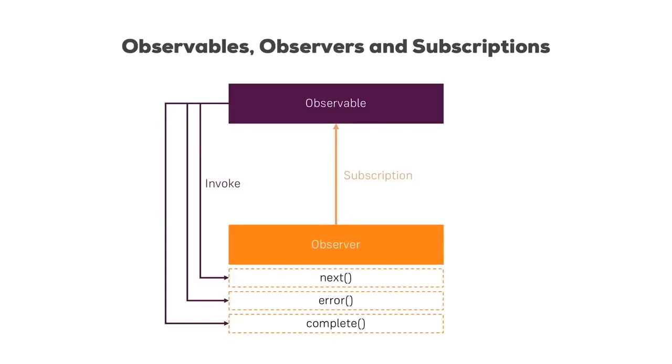Now, a typical example, but of course not limited to that, is an observable that wraps a callback of an HTTP request. So we could wrap a normal XML HTTP request, an AJAX request, with an observable that basically takes that callback, and whenever that request gives us back a response, we instead use that observable to emit the response data or a possible error as a next or error message.